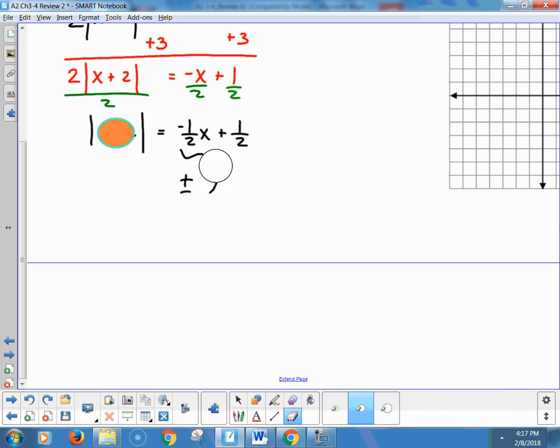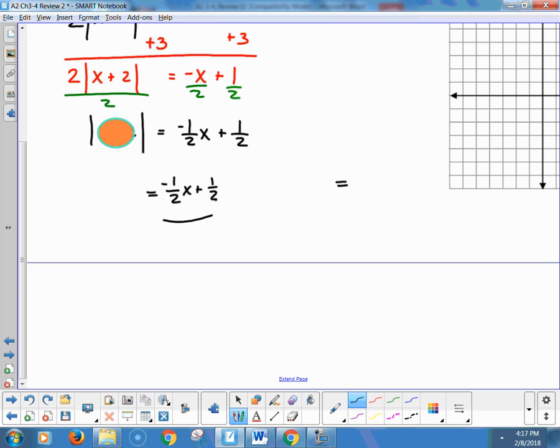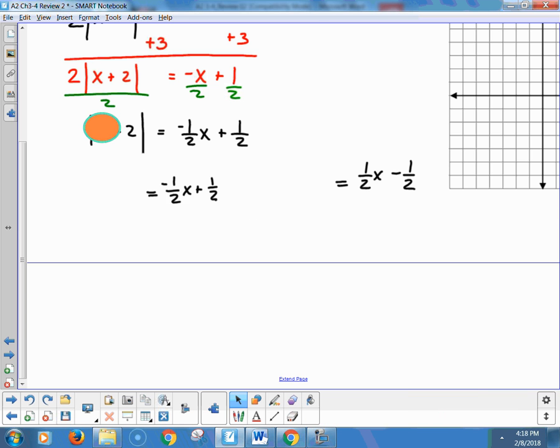And so I can write two separate equations. What's under that circle is either going to have to equal negative half x plus a half, or what's under that circle is going to equal the opposite of this, which is positive 1/2 x minus a half. And what's under that circle is, ta-da, x plus 2.